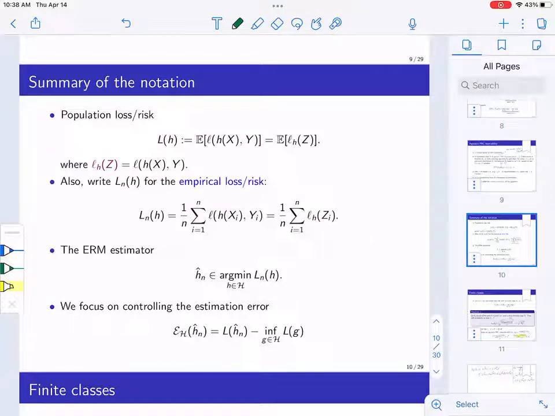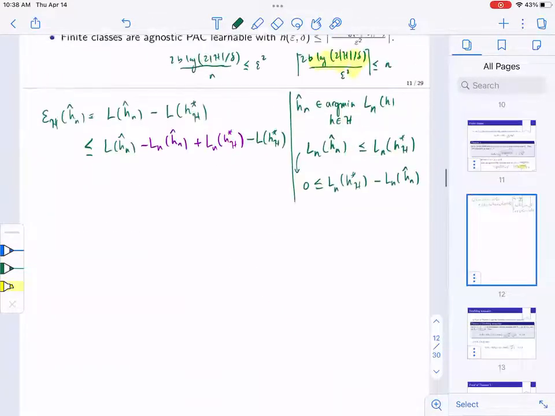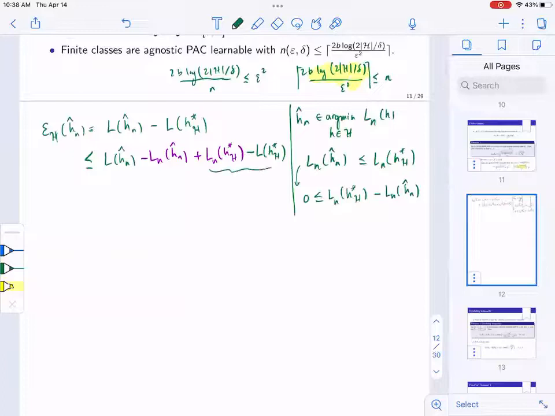By the law of large numbers, this converges to that in probability or almost surely for any fixed h. So pointwise L n h converges to L h. For this one, because I've evaluated a fixed function, I can conclude that this is converging to 0 in probability. This is fine.